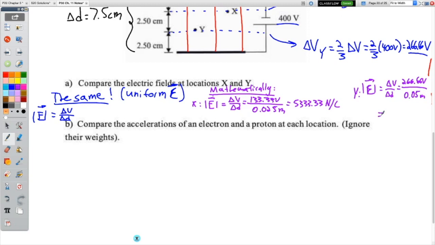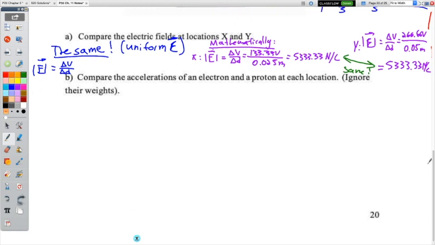And so you plug that in, and we get also 5,333.33 newtons per coulomb. Okay, so they're the same, which we already knew, but it feels good to prove it, doesn't it? And so again, if you had switched those, if you had said X was the 2/3 position and Y was the 1/3 position, there'd be nothing wrong with that, as long as you correctly incorporated the voltages into that.